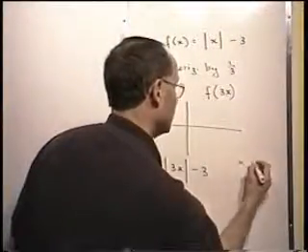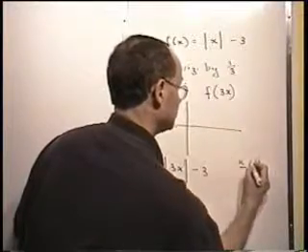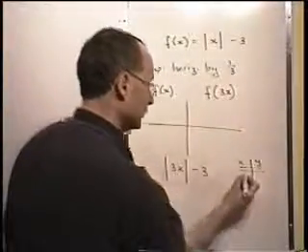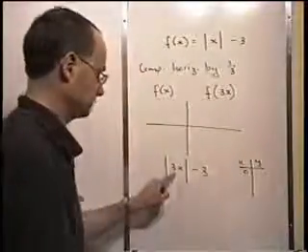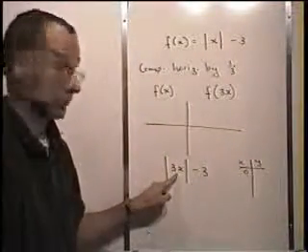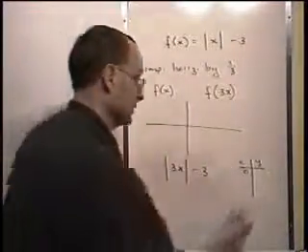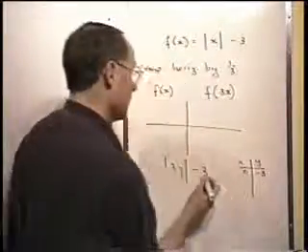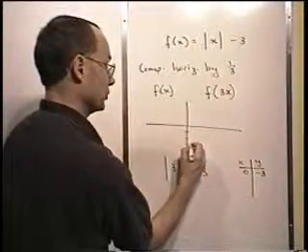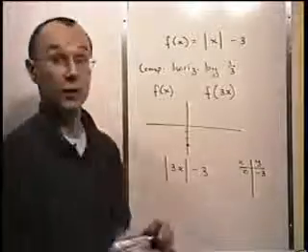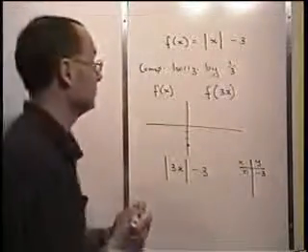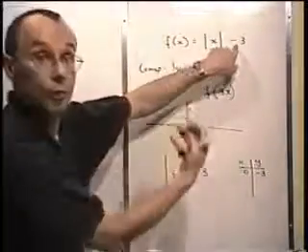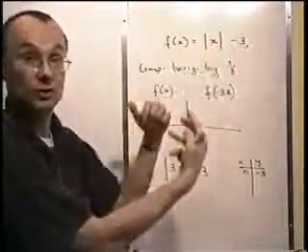So I'll just put a little table over here. If we plug in a 0, well, 3 times 0 is 0, minus 3, so negative 3. So there we have the vertex of the graph, which is what we expected, a downward pull or a translation of minus 3.